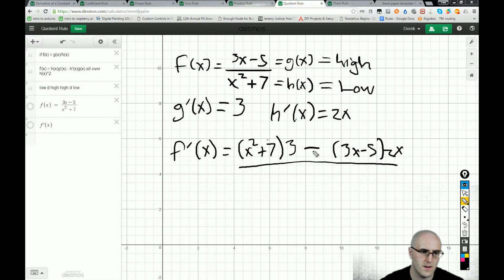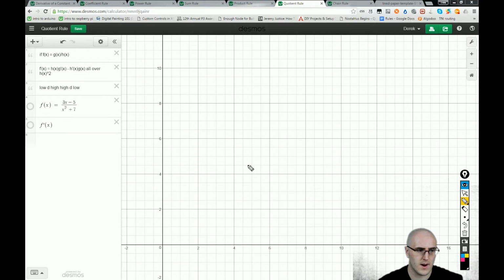All of that over our low squared. So we have x squared plus 7 squared. Yeah, those get messy real quick. Luckily, you don't use the quotient rule too often. Usually there's a better way. But yeah, let's go look at the graph now.